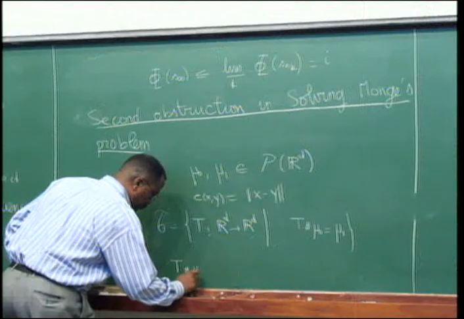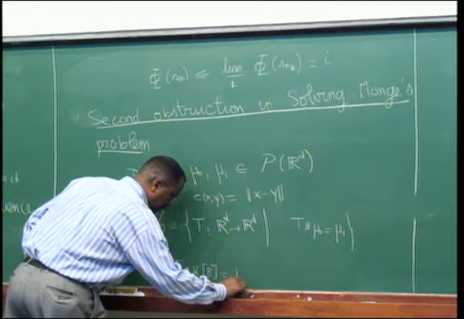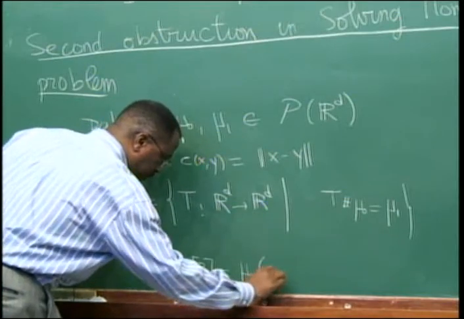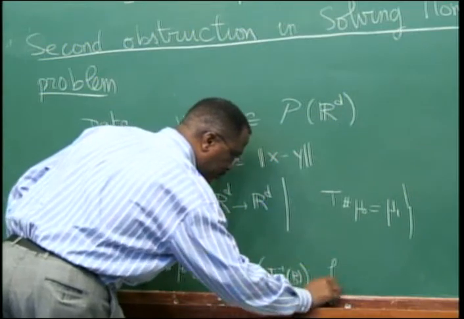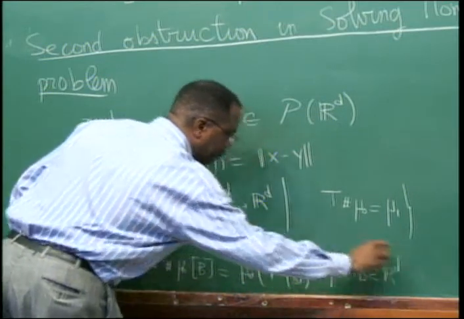So the push forward of mu0, if I apply it to B, is mu0 of T inverse of B for B in R^d.